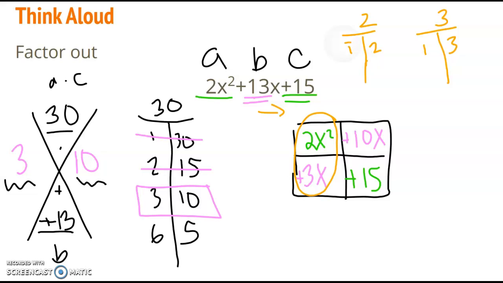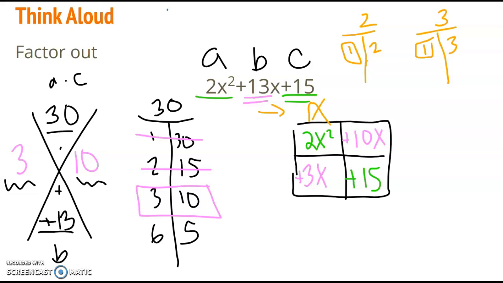Well, I see that they have 1 in common, and that is it. That means I'm going to be factoring out the number 1. And then I want to focus on their x's. I have x squared and I have x. If I have x squared and x, I know I can factor out x. And I'm done finding that first term.